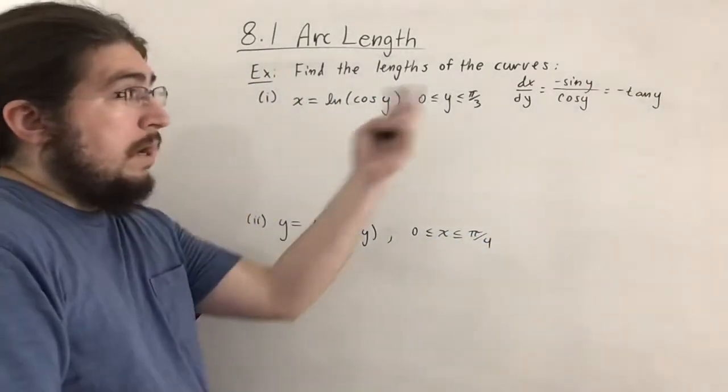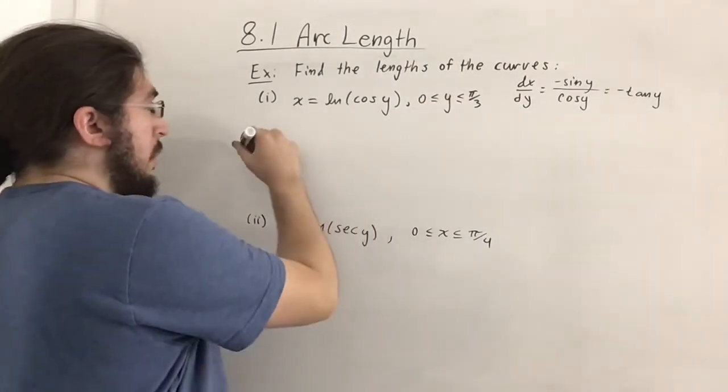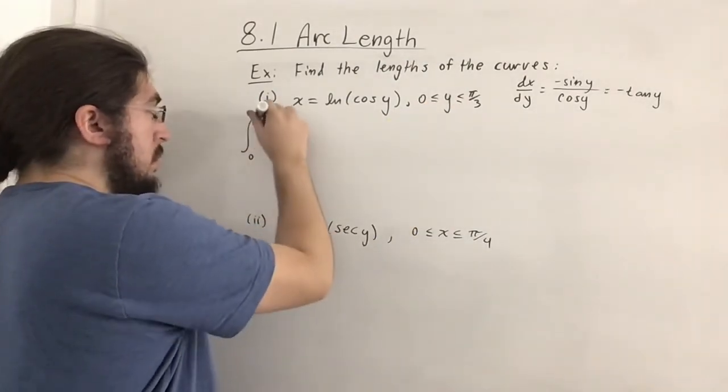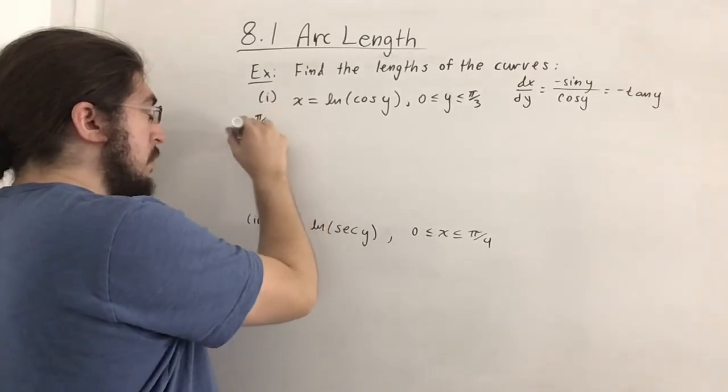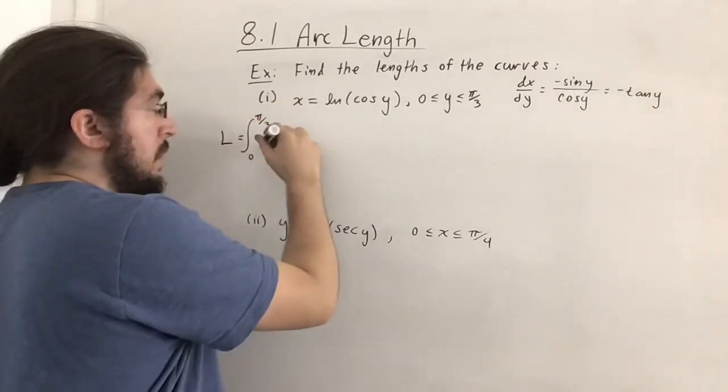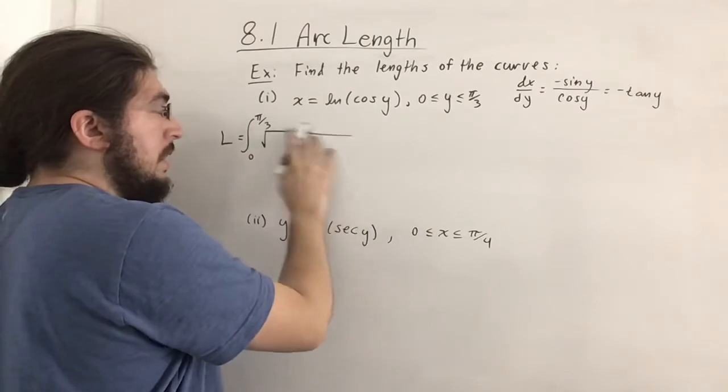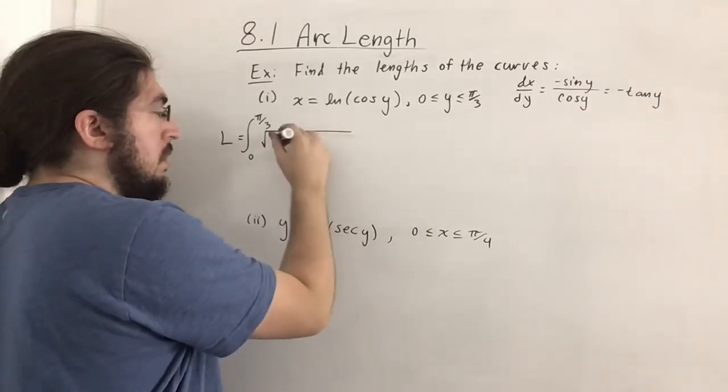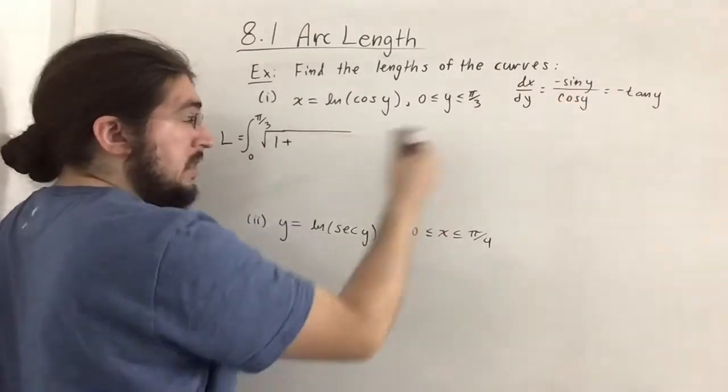Now since we want 1 plus this thing squared, our integral, we know our limits, that's going to be the length by the way, so let's call this capital L, will be the integral of the square root of 1 plus this guy squared.